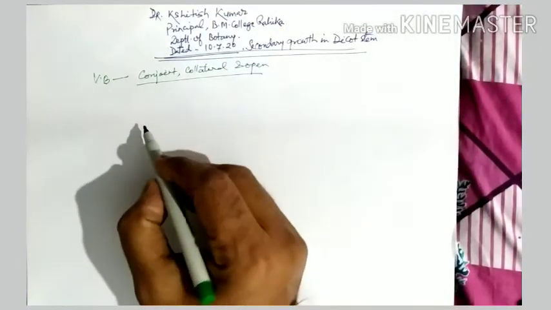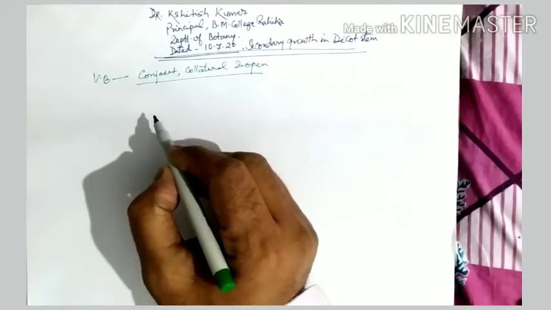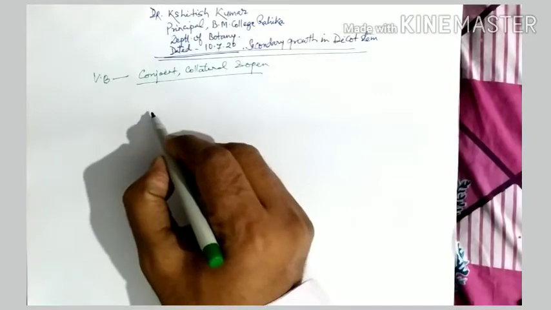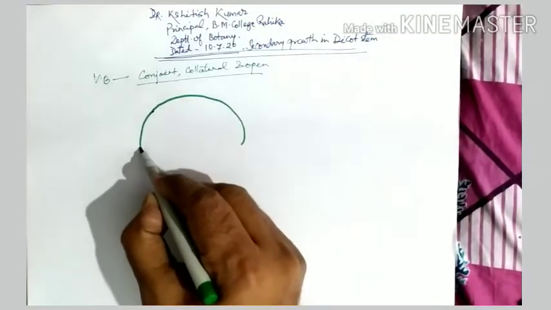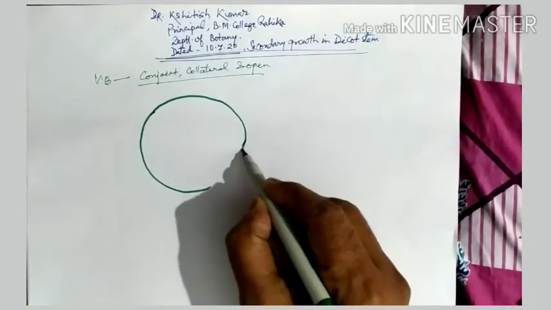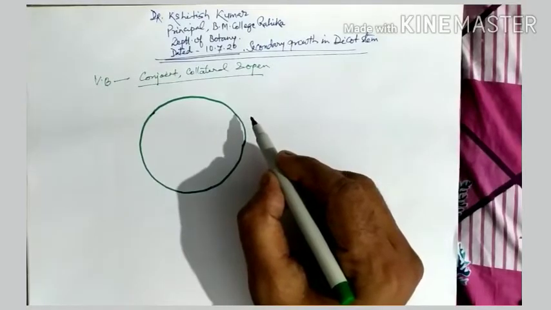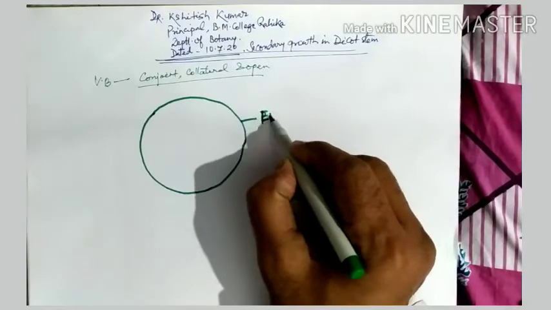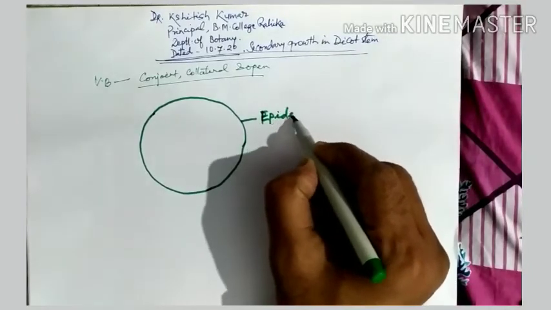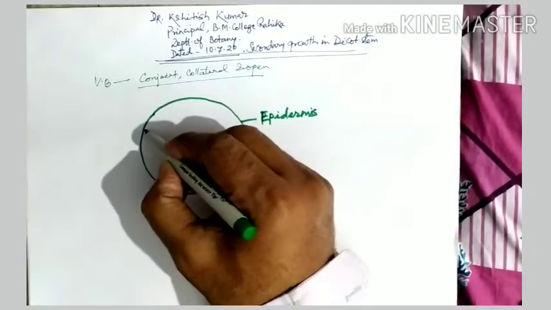So in the topographical structure, if we take the example of a typical dicot stem, we will find the outermost layer of epidermis. This is the layer of epidermis.